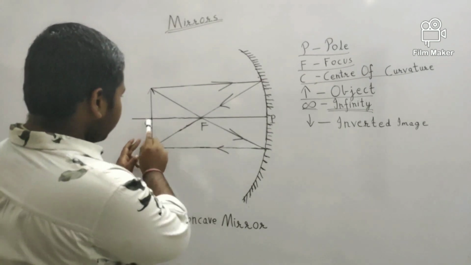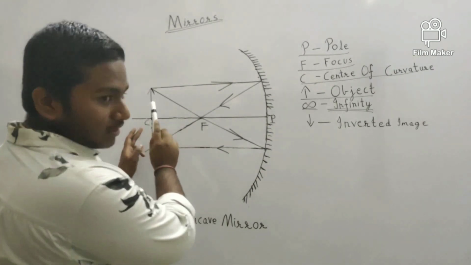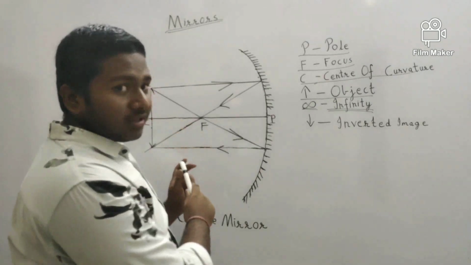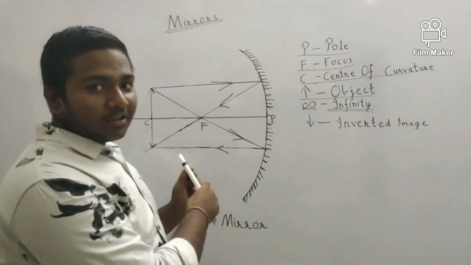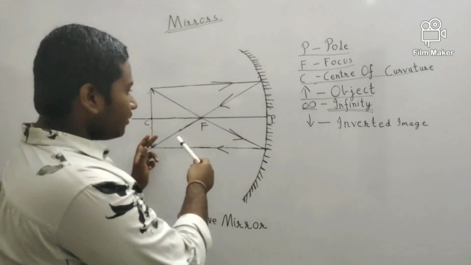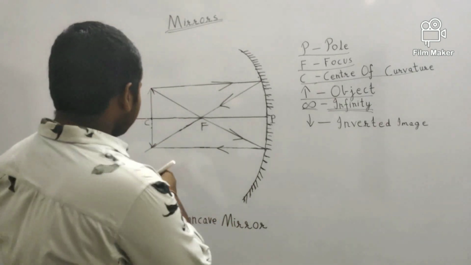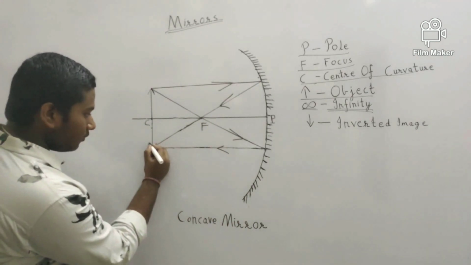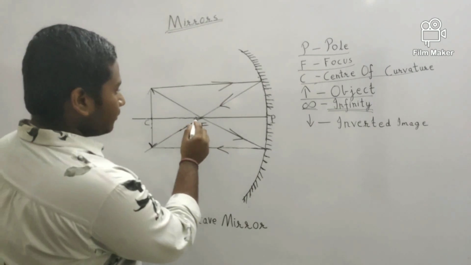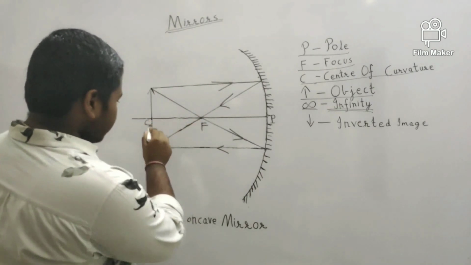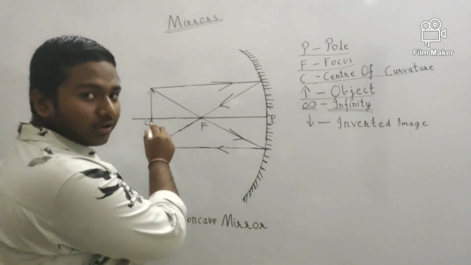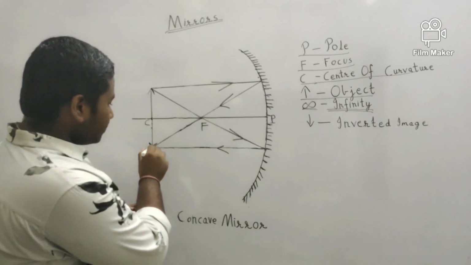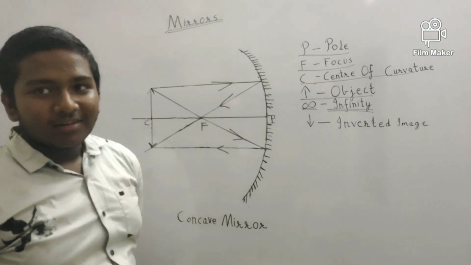So the image is formed at C, and in this condition the size of the image is the same as the size of the object, and the image is laterally inverted. The image will be downward, and we will place the screen at center of curvature, then only we will find the inverted image at center of curvature.